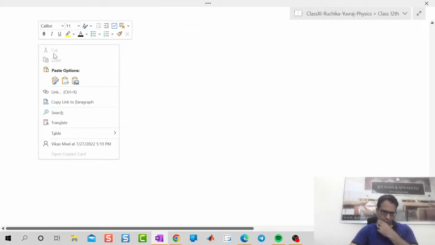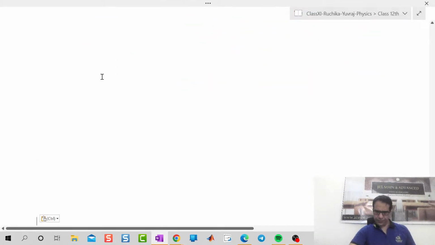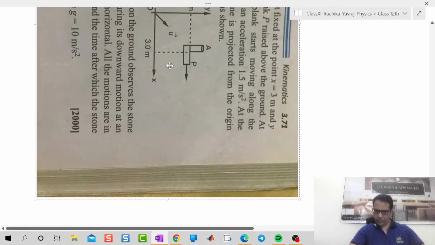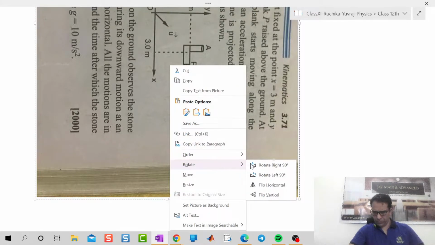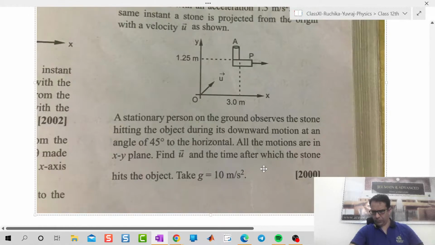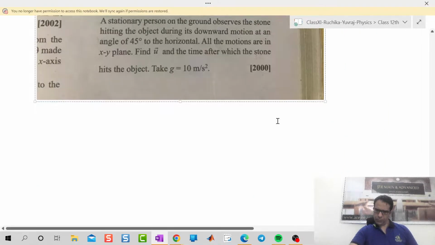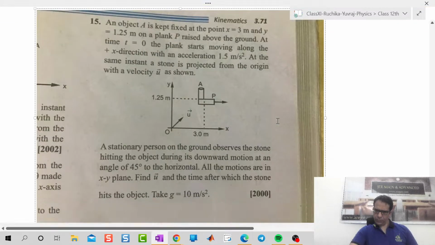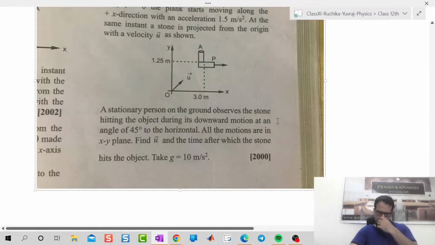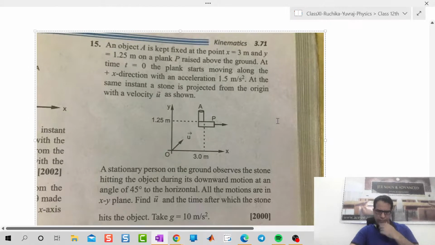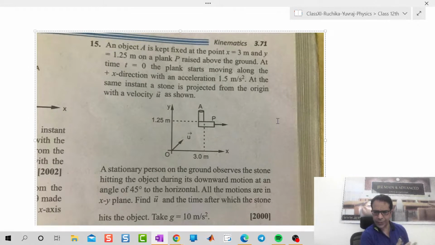Okay, so let me just quickly paste it. It says an object A. Can you guys see it?